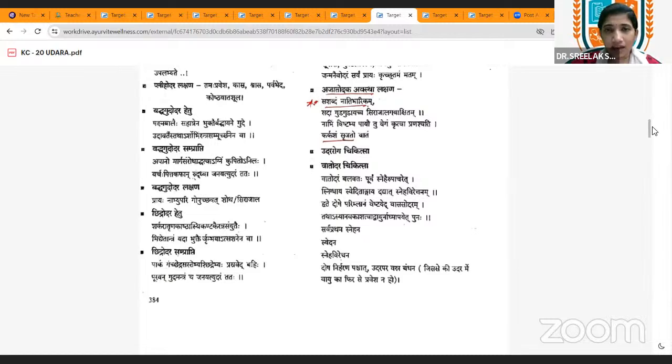So in Grahani, Arshas and Udara, these three diseases, mainly Takra is the main treatment that we can advise. Please note the diseases: Grahani, Arshas and Udara. And in Udara, if the patient is having heaviness, Gauravam, Arochakam, Atisaram and Mandagni, then Takra is advised for pacifying Vata and Kapha. Okay.